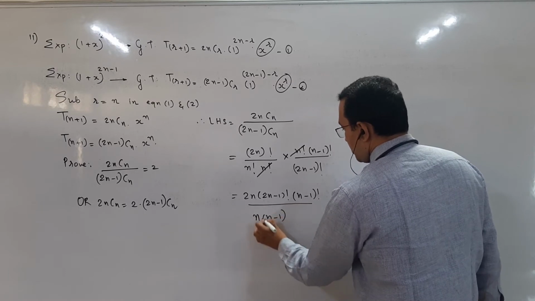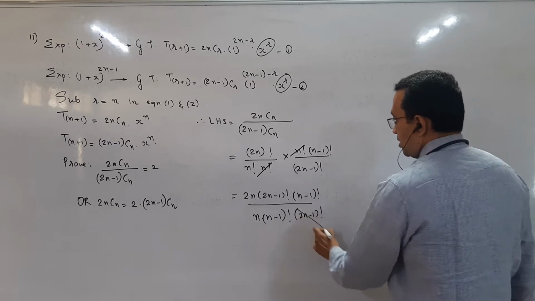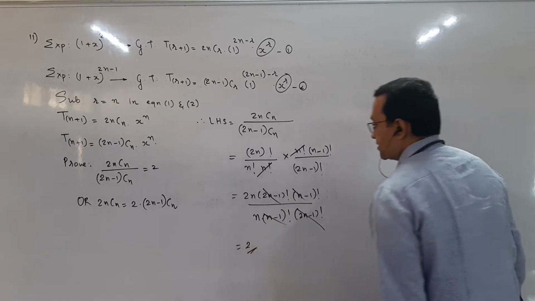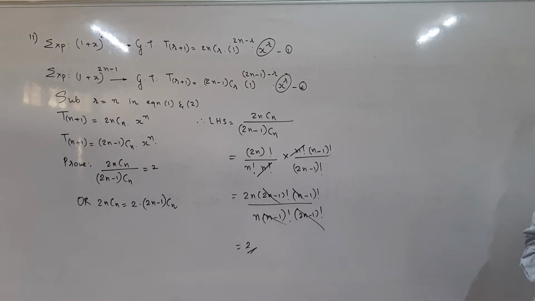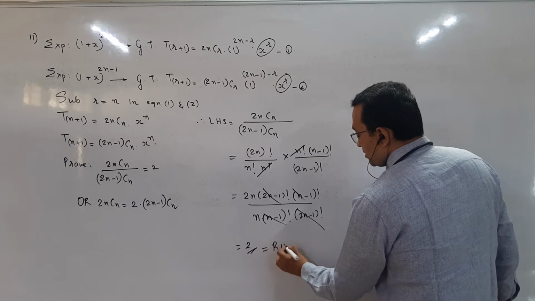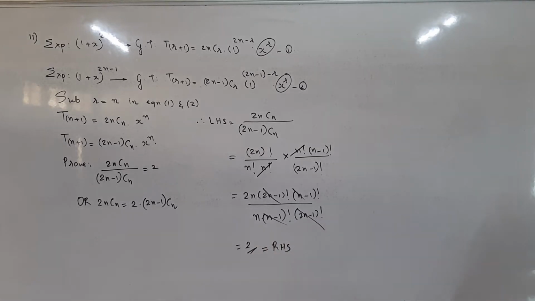This is n into (n-1) factorial. This is (2n-1) factorial. All factorial terms get cancelled, n and n get cancelled. So the ratio is 2, and that is equal to RHS. So students, in short, what we have to prove is that the coefficient of x^n in the first expansion is twice the coefficient of x^n in the second expansion.